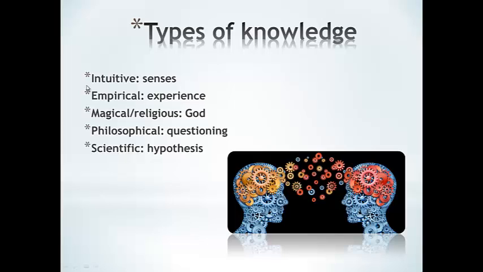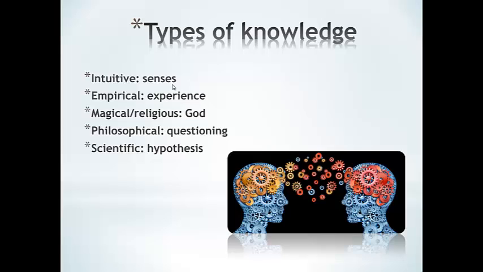The first one is the intuitive, which is the one we perceive with our senses physically. Then we have the empirical, which we acquire throughout our life by the memories we have, things we have experienced, but not necessarily physically.